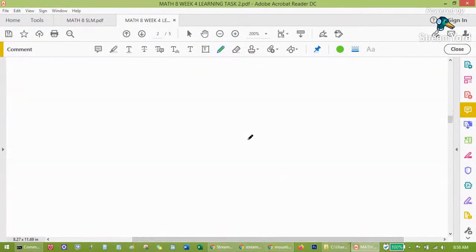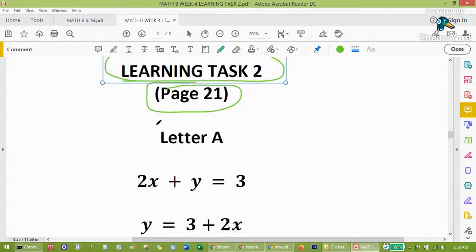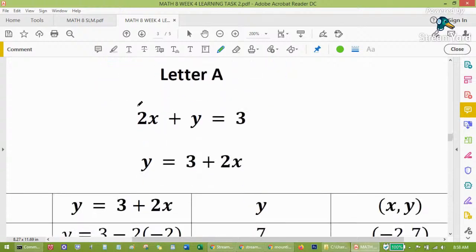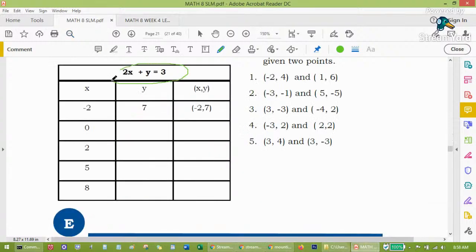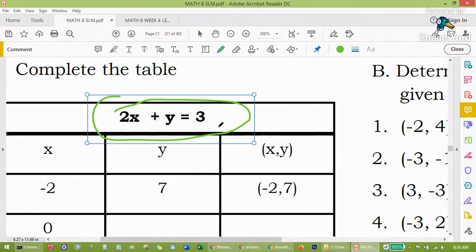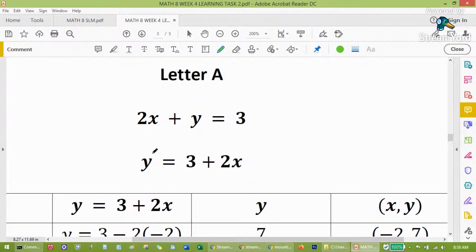So, ito yun, no? Learning task 2, page 21, letter A. 2x plus y is equal to 3. Okay, kinopya ko lang. 2x plus y is equal to 3. And then, para medyo madali ang pag-compute natin sa y, i-equate natin yung equation sa y.